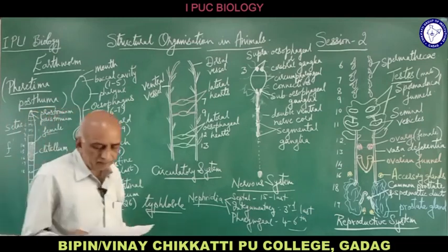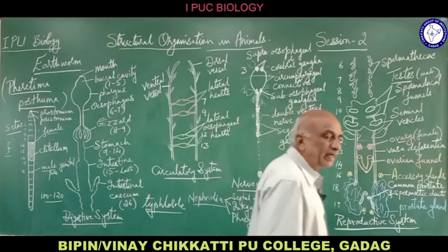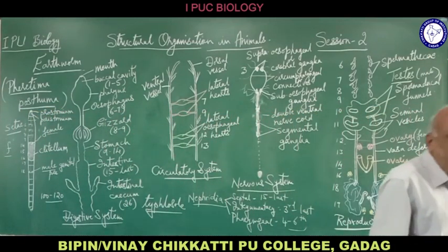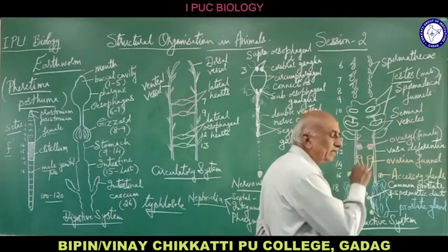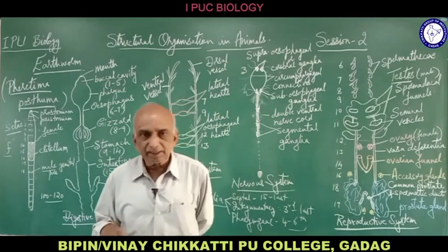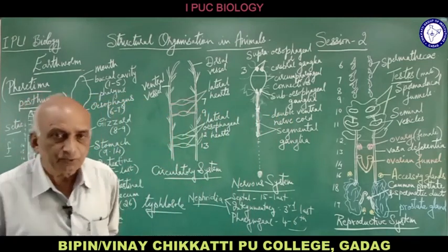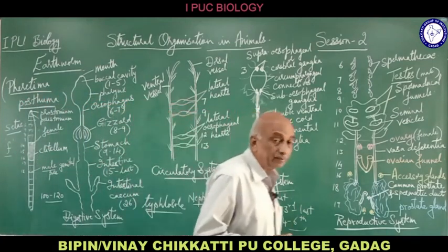The development is direct, so there is no larva. That means the cocoons directly form the earthworms. There is no caterpillar stage. Usually in case of insects we come across such a type.